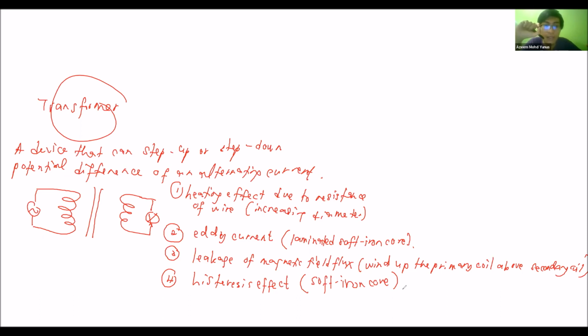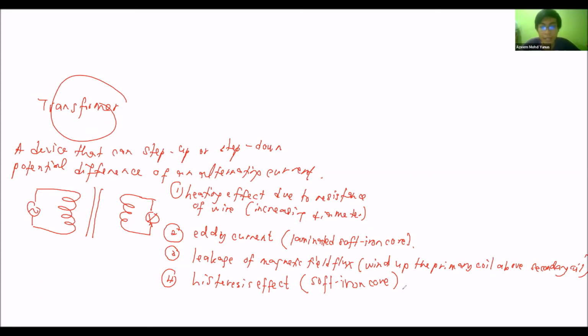We don't want the work done by the primary coil to go towards producing induced eddy current. We want most of the work that we put into the transformer to go into the secondary coil, where our goal is to produce as much induced current as possible.